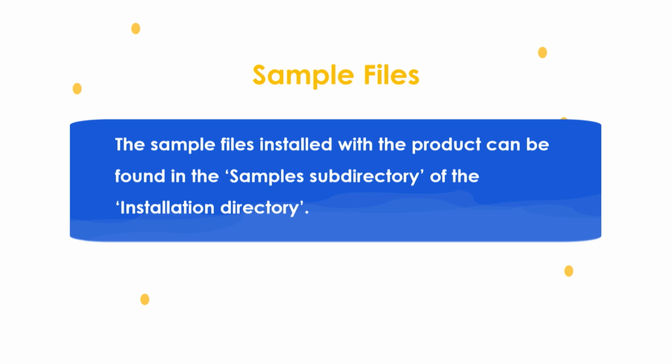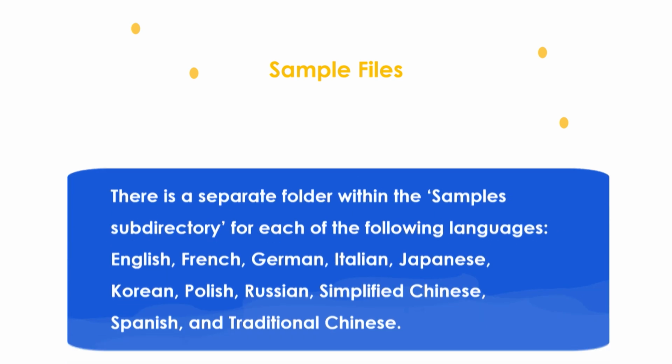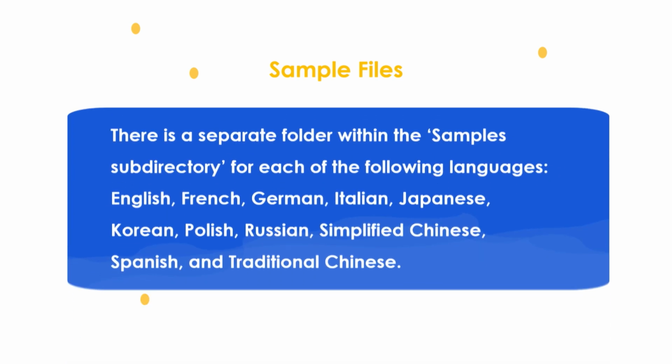Further, the sample files installed with the product can be found in the samples subdirectory folder of the installation directory folder, and there is a separate folder within the samples subdirectory for each of the following languages: English, French, German, Italian, Japanese, Korean, Polish, Russian, simplified Chinese, Spanish and traditional Chinese.